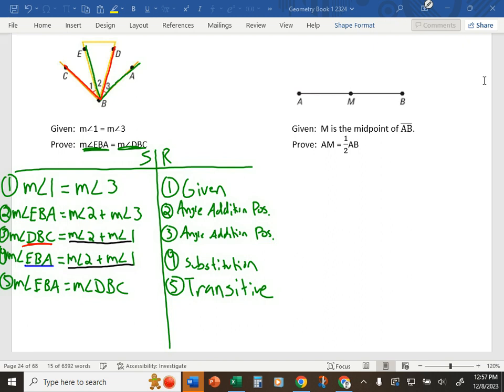So if both EBA and DBC are equal to the same thing, they're both equal to 2 plus 1, therefore they're equal to each other. Whenever you are relating 3 different things with equality, it's going to be transitive. A is B, A is C, therefore B is C. That is the textbook cut and dry definition of the transitive property.